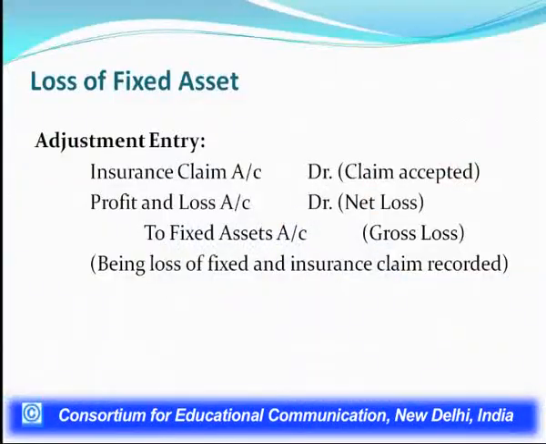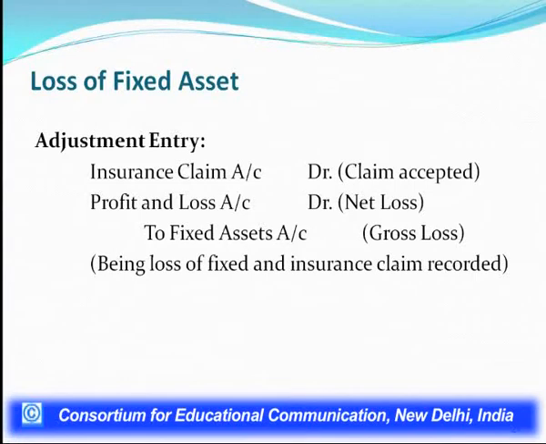So in case any adjustment is given relating to the loss of fixed asset, then we have to make adjustment for that also. In that case again the fixed assets may be insured, and the insurance claim may also be given, insurance claim accepted.